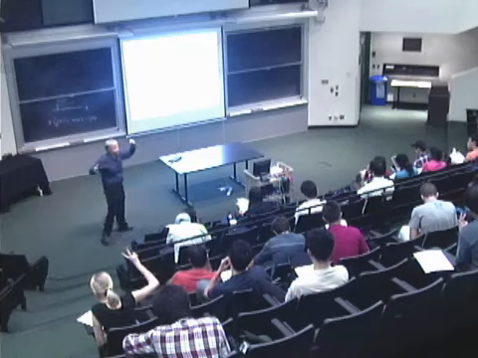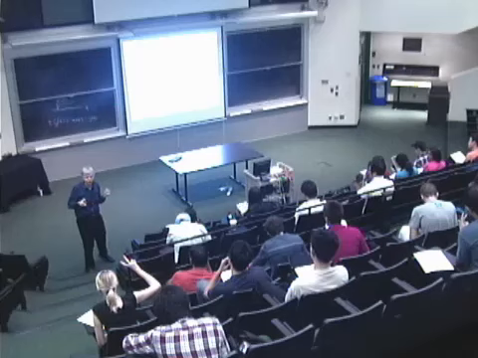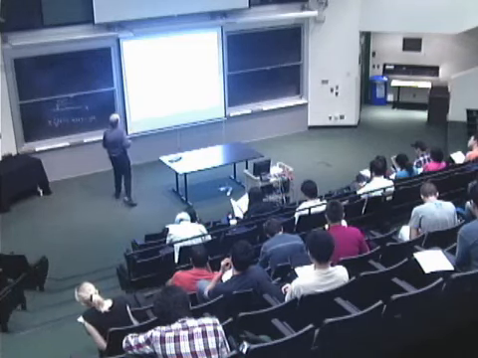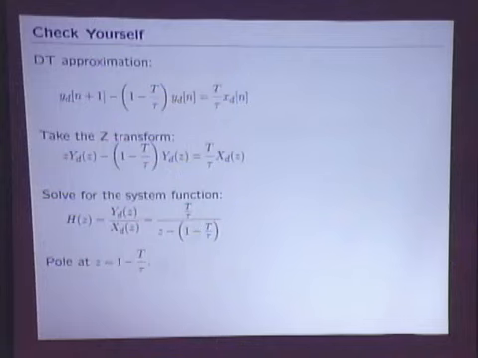Okay, not a large voter turnout, but 100% among those who turned out. So the answer is number 2. It's pretty simple to see how that would be the answer. If you start with the difference equation, it's very simple to write a z-transform. This evaluate y at n plus 1 is the reverse of a delay. It's an advance.